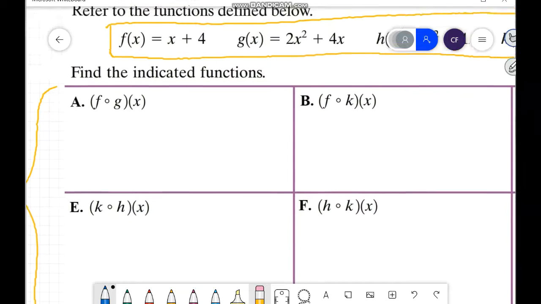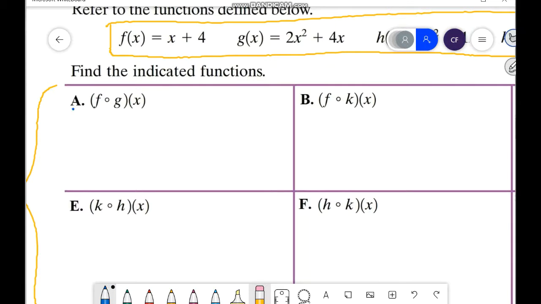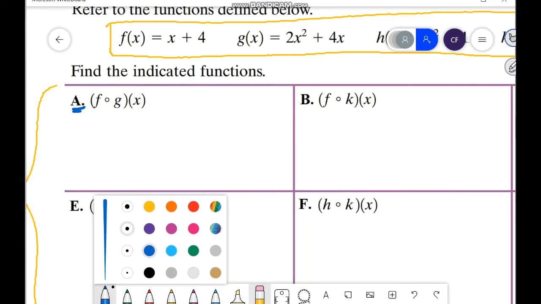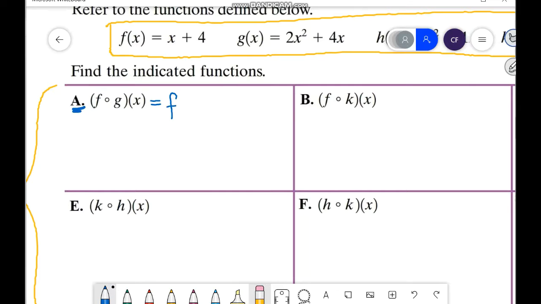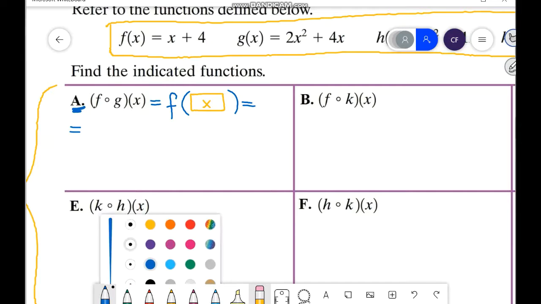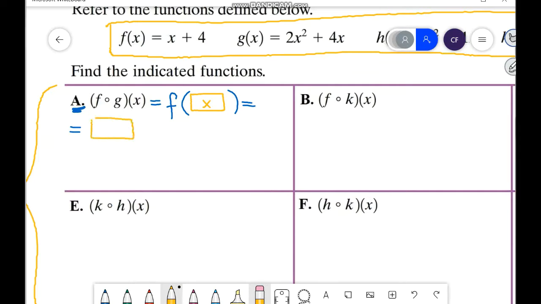And we want to find letter A, f composed with g of x equals. We're going to do the same thing as the example. F, and then write down here a box. This is going to be x. f of x equals x plus 4, right? This is f of x.